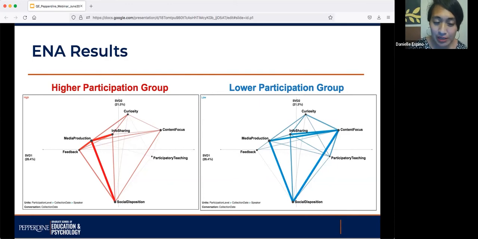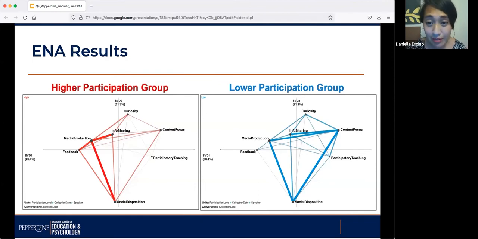And then when we see the thicker lines, the thicker the relationship, and in contrast, the thinner the line, the thinner the relationship. When we look at this, we can tell that the patterns and the connections are different. The higher participation students tend to focus more on the left side and have strong connections between media production and feedback, media production and social disposition, and media production and info sharing.